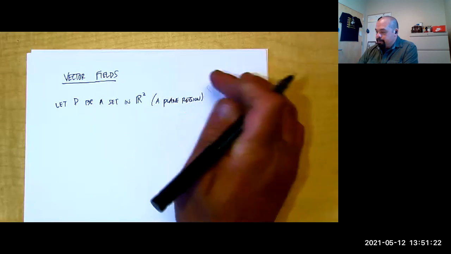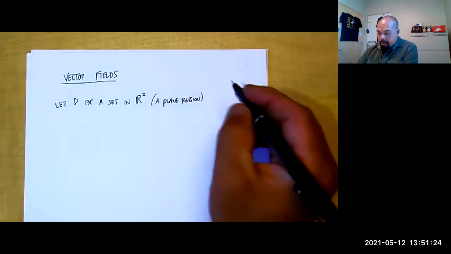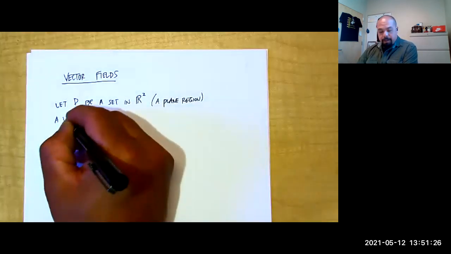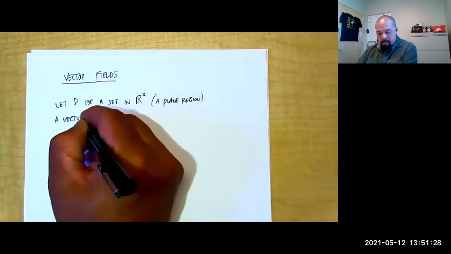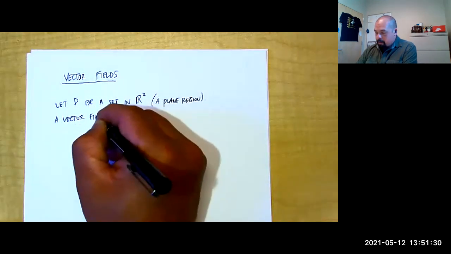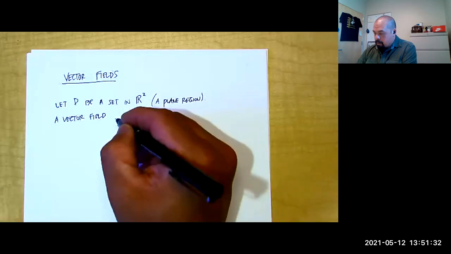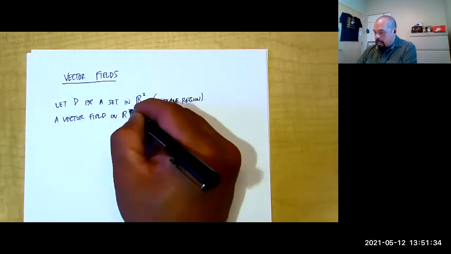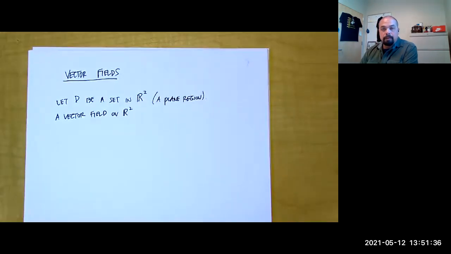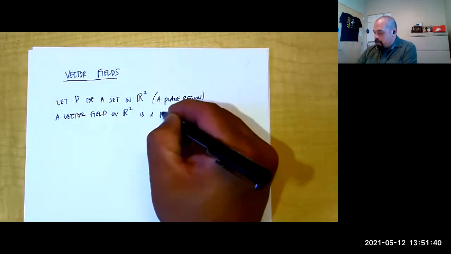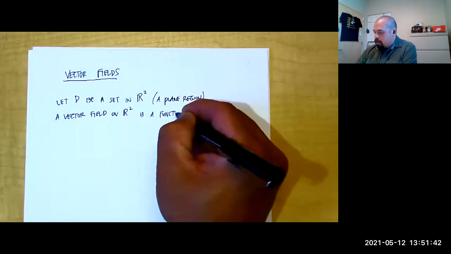Just two dimensions. Okay. Then a vector field on R2, on that 2D plane, is a function, right?